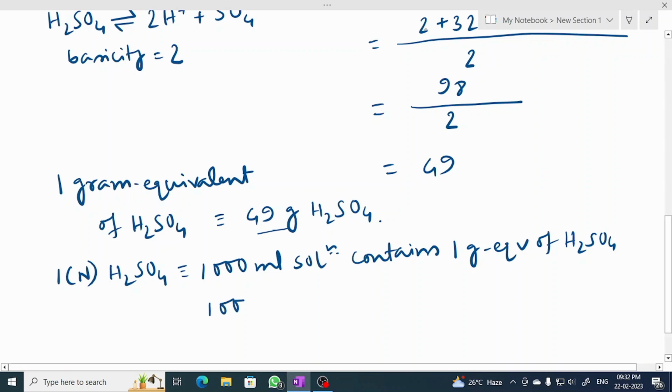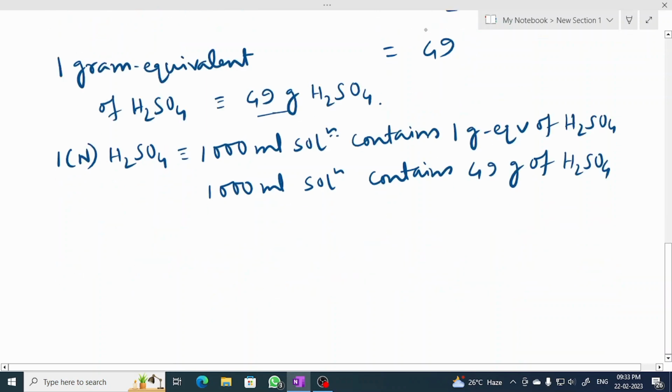So 1000 ml solution contains 49 gram of H2SO4. So here we conclude that one normal H2SO4 contains 49 gram of H2SO4.